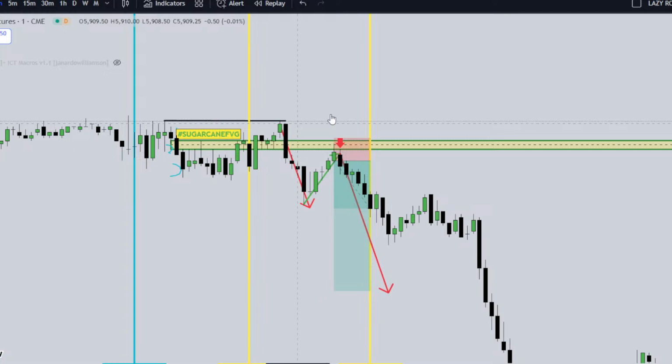This break above here, not so clear, because all we did was come a little bit above. Look at this right here. This is a trap. Little bit above, try to retest, bounce a little bit, drop.